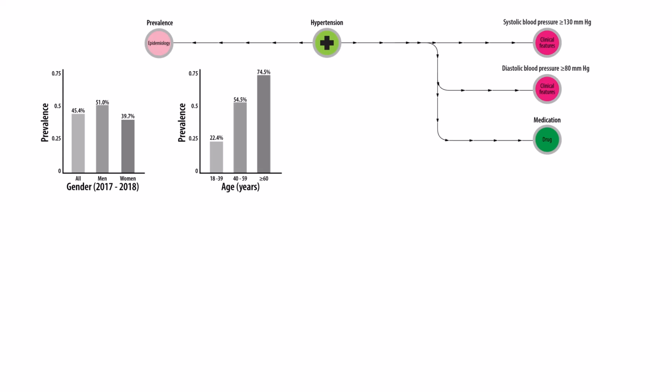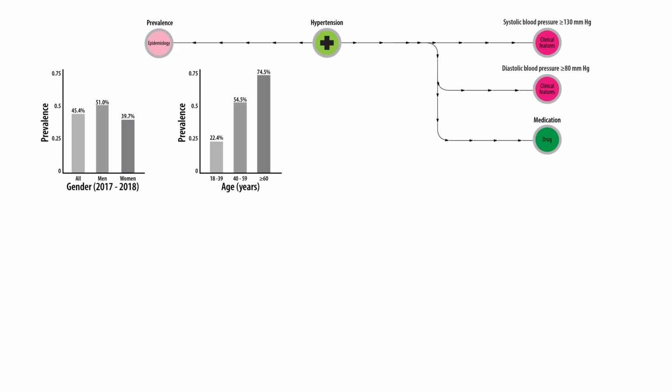Those between 18 and 39 years old, only about 22.5% had it. However, it had a prevalence of nearly 55% for those between 40 and 59 years of age, and a 75% prevalence for those 60 years and older. In summary, it's rather prevalent, so having a really good understanding of hypertension and how to treat it is very important.